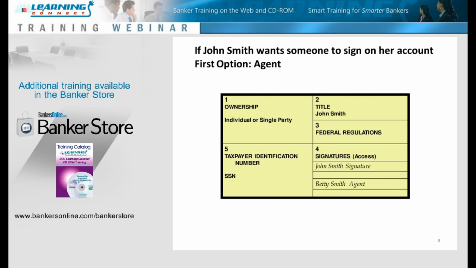If you want somebody to sign on a single-party account or an individual account, most states I've ever worked in always have something like an agent, a power of attorney on the signature card, a convenient signer, or an authorized signer I see in some states. So whatever this person is that's named and described in the signature card contract, that's how John gets a signer on the account: he can put someone to sign on his behalf, make transactions for him.